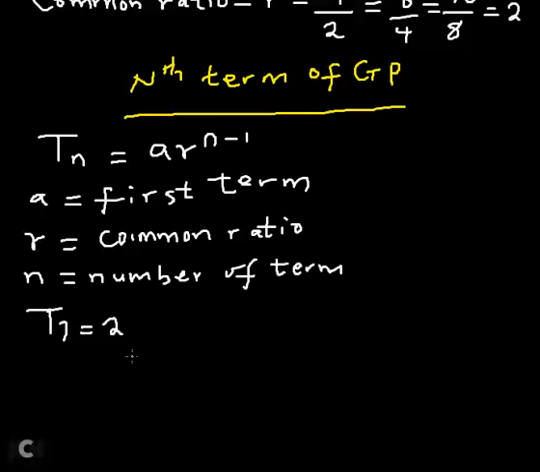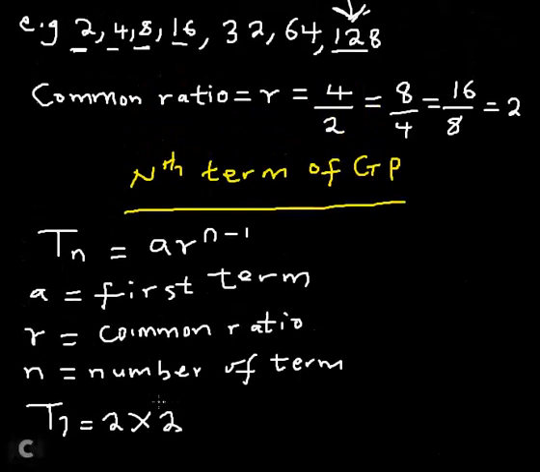The first term is 2, multiplied by the common ratio, which of course is also 2, then raised to the power of n minus 1. I'm looking for the seventh term, n is 7, then 7 minus 1.